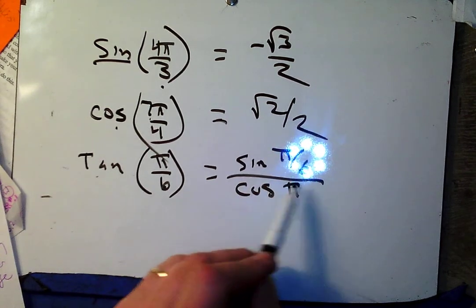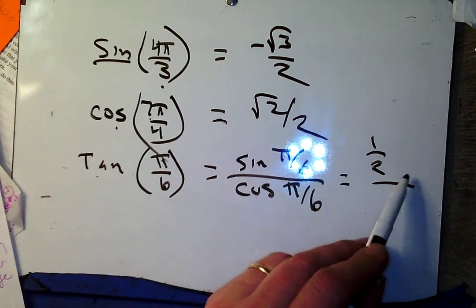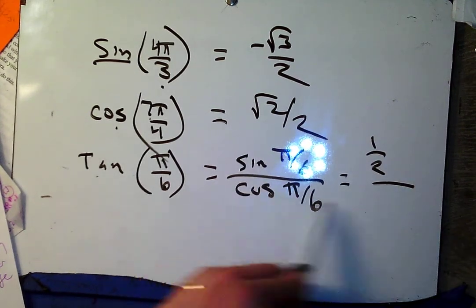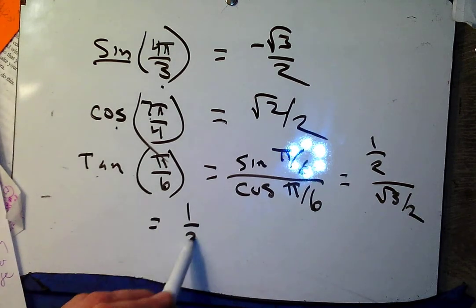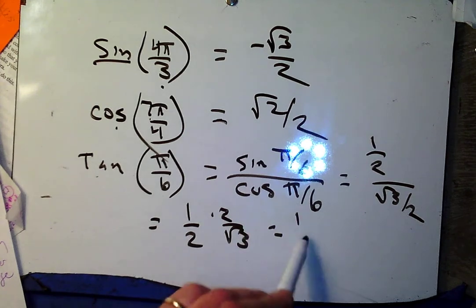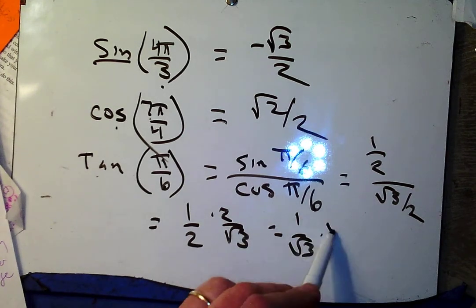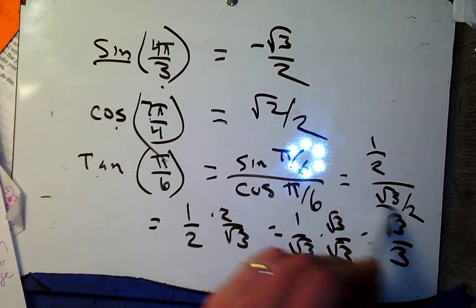So I know tangent is sine over cosine. And at pi over 6, sine is 1/2, and cosine is root 3 over 2. So then if I do that flip and multiply thing, I get 1 over root 3. And if I rationalize, I get root 3 over 3.